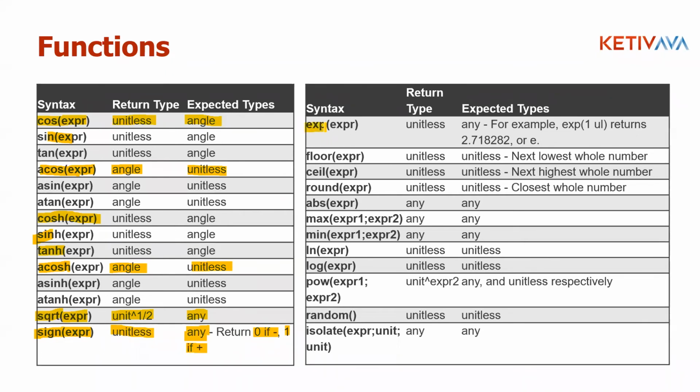Okay, the exp function is basically raising e to a power, the number e that we were just talking about a minute ago, the 2.718 natural number e. It's raising that to whatever power you put in here. So if you want e squared, you just do exp 2 inside of that.